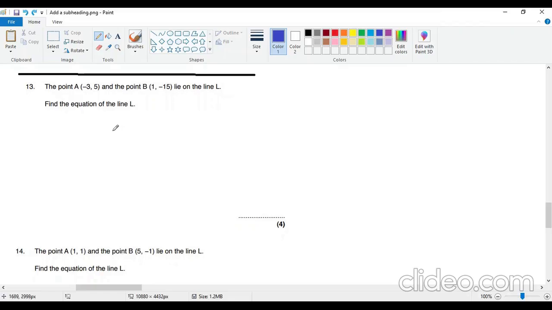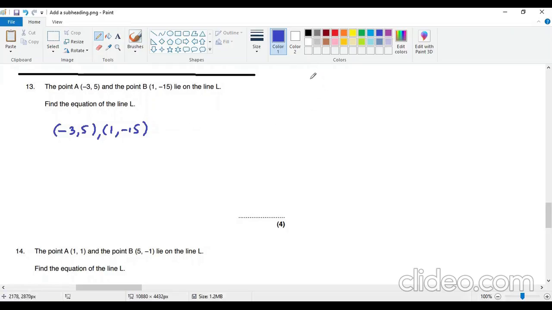The point A (-3, 5) and the point B (1, -15) lie on the line L. Find the equation of the line L. So we have the point -3, 5, and the second point 1, -15. First of all, we are going to find the gradient.